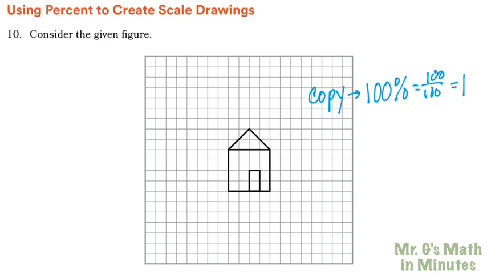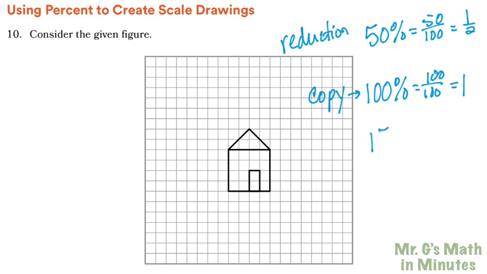But if I said I wanted my scale factor to be 50%, that would be 50 over 100, which is equal to 1/2, which is less than 1. So that means I would be making a reduction. This house would be smaller than it is right now on the new drawing. And if I said that I wanted my scale factor to be 150%, that would be 150 over 100, which is equal to 1.5. That number is greater than 1. So that means we will be having an enlargement.